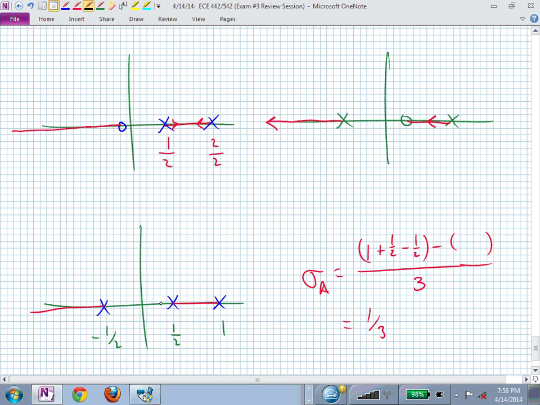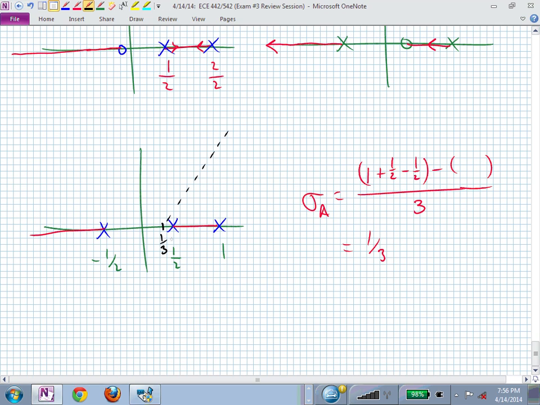So now I come to 1/3, which is right there, and I draw a line at 60. I draw another asymptote at 300, and I don't have to draw my line at 180. And now, does that help me sketch my root locus? Without even computing the breakaway, you could just guess that to be somewhere between 1/2 and 1, couldn't you?